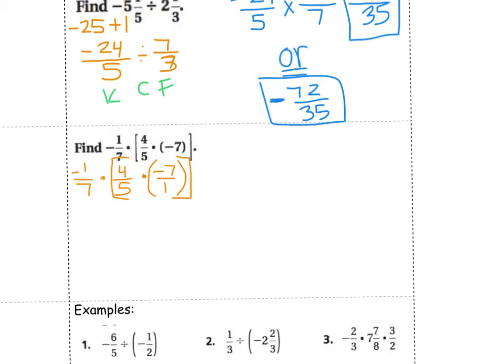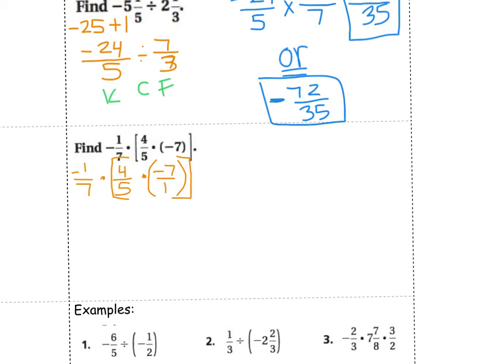I can rearrange the numbers how I want to. So I see that I have a -1/7 and a -7/1. These are the multiplicative inverses of each other. So if you put them together, they will equal 1.